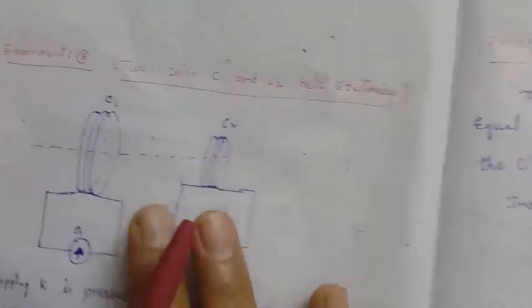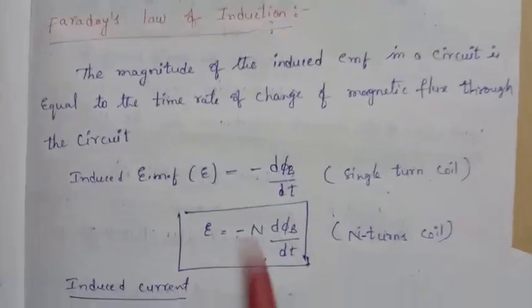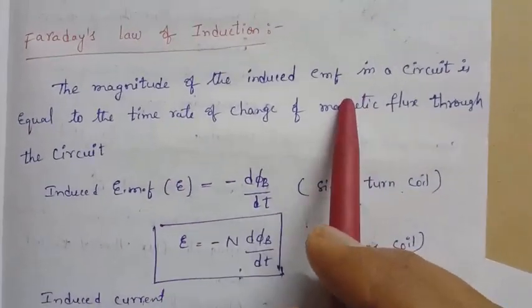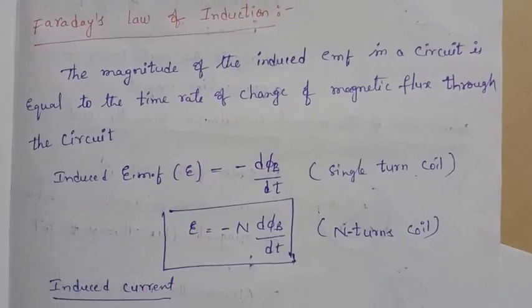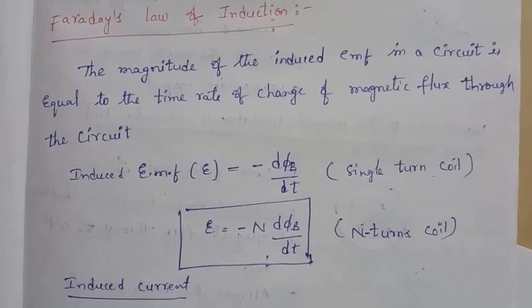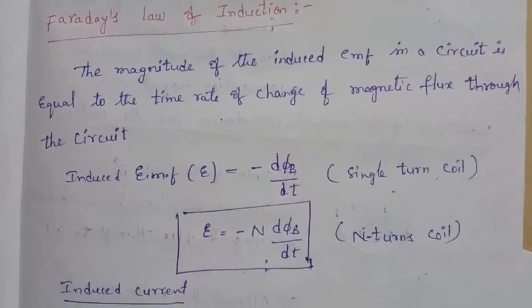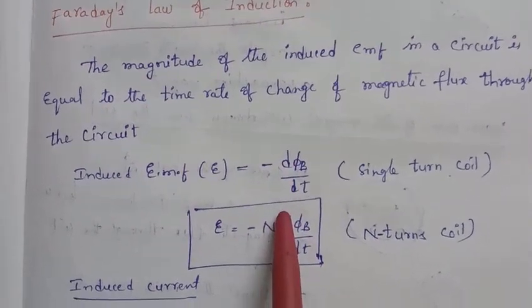Based on these three experiments we conclude one formula. The magnitude of the induced EMF in a circuit is equal to the time rate of change of magnetic flux through the circuit. So induced EMF is equal to minus d phi B by dt.